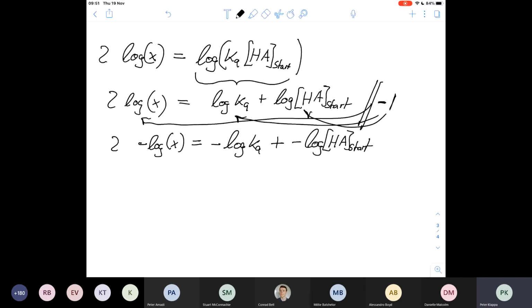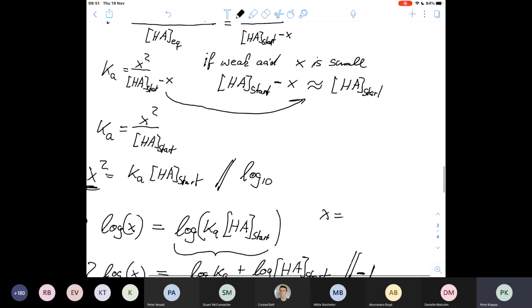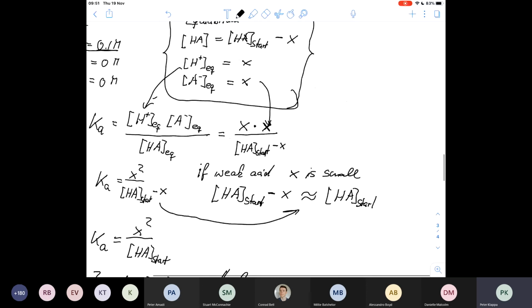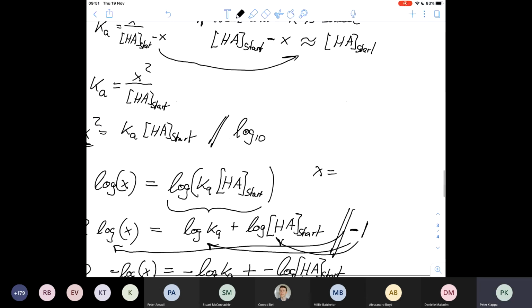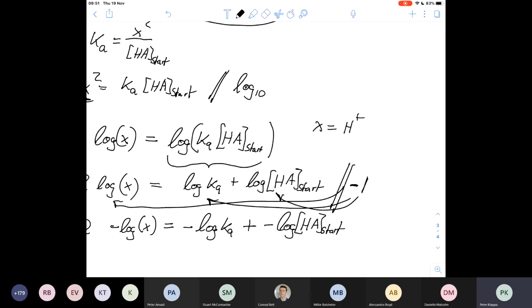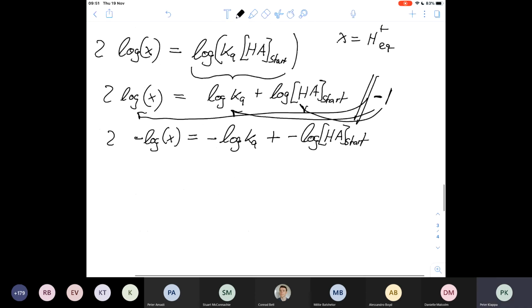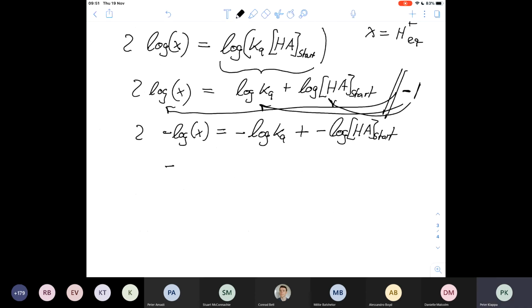So let's remind ourselves, what was x? x was nothing else but our proton concentration. So x is the proton concentration at the equilibrium. So what is minus log of the proton concentration?